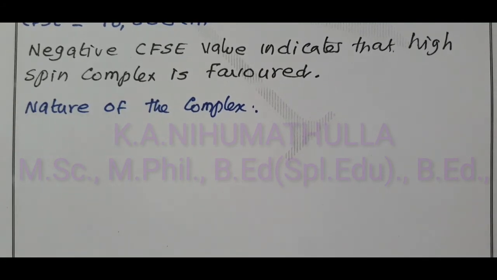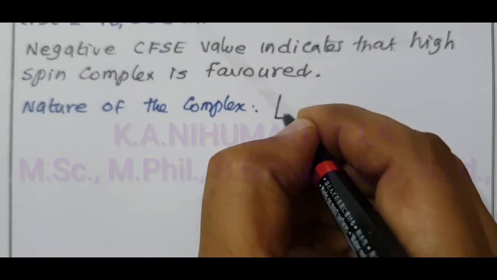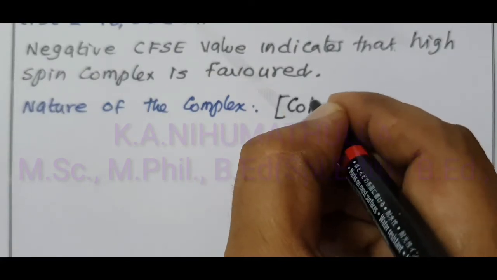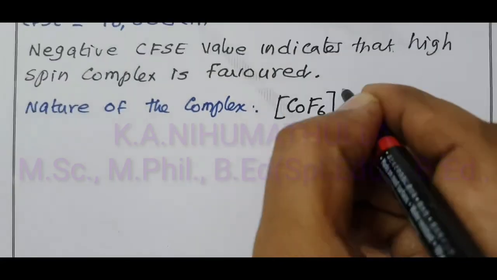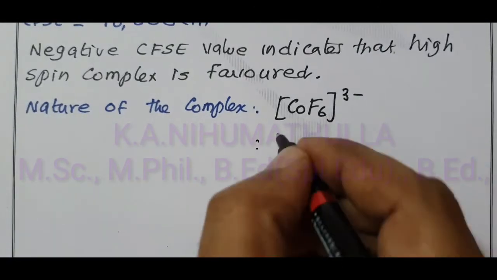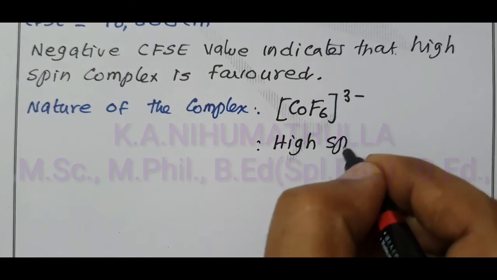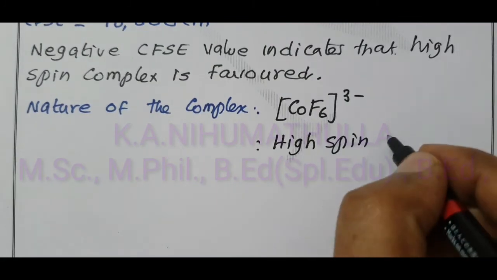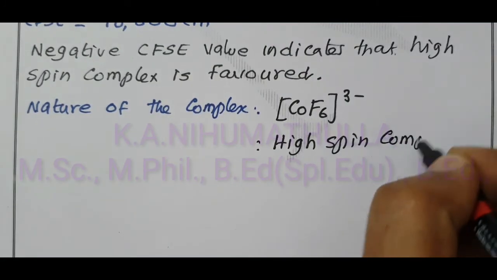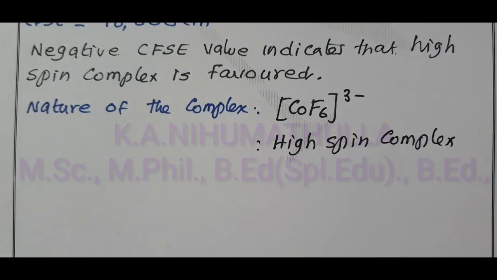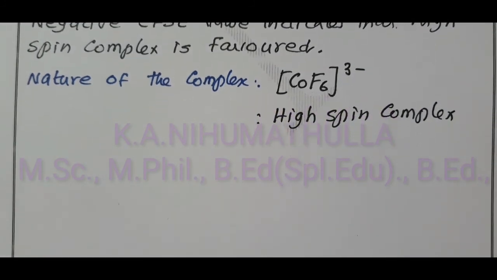CoF6 3 minus is high spin complex because the CFSE value is negative value. Negative CFSE value is preferred one.